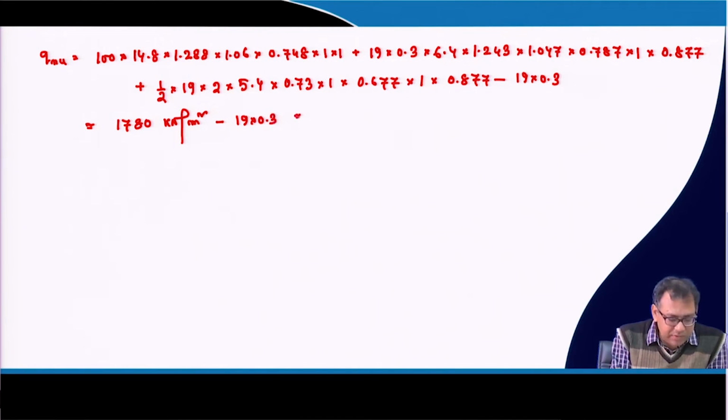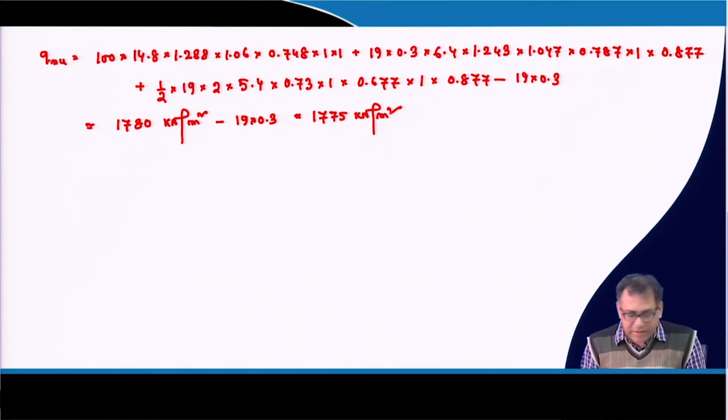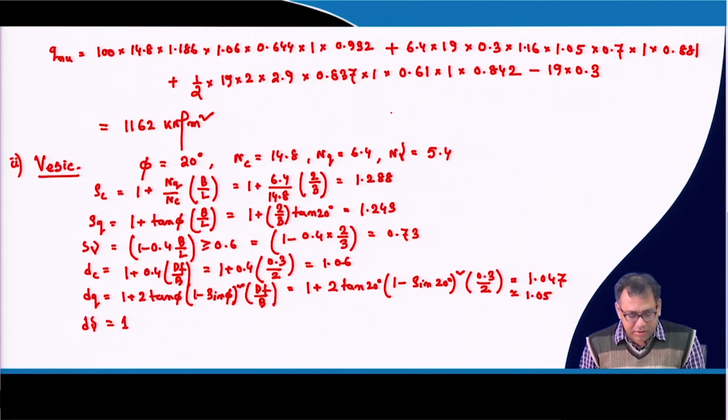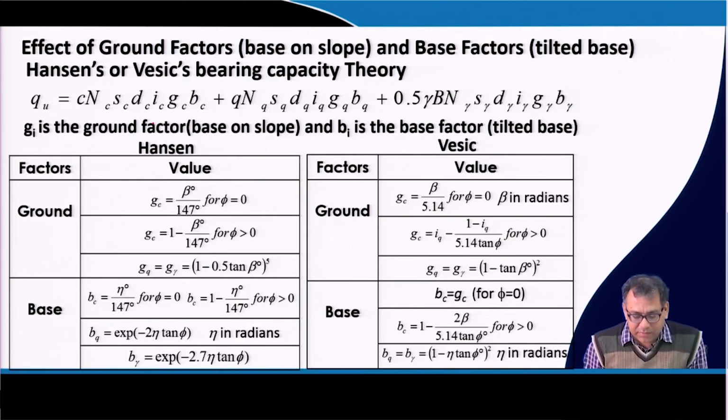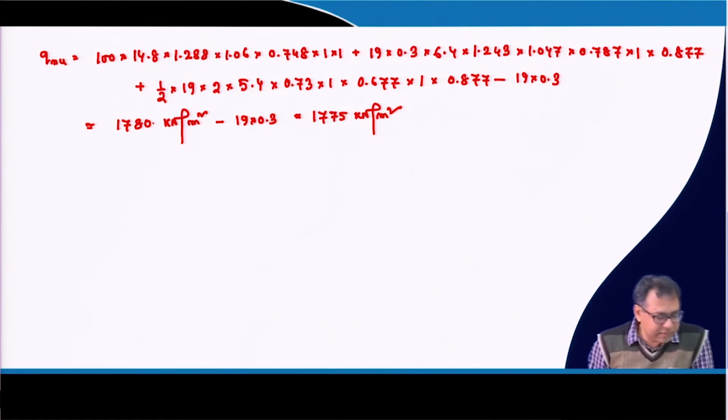So it will be roughly again 1775 kilonewton per meter square. So as per basic we got the value 1775, whereas as per Hansen we got the value 1162. So these are the values that we are getting.